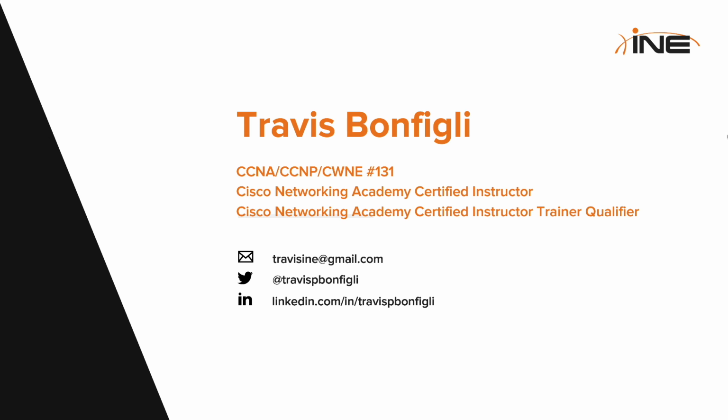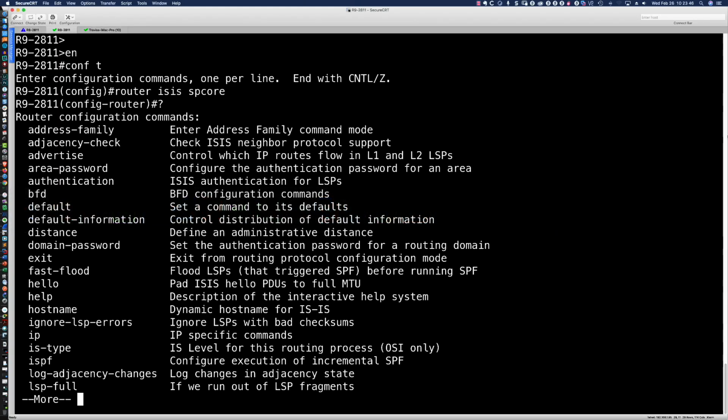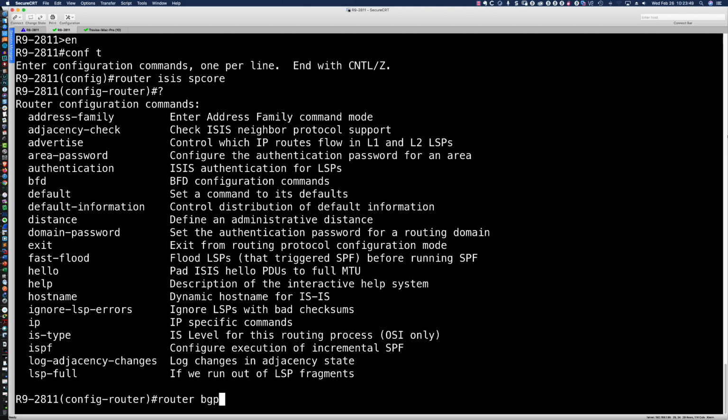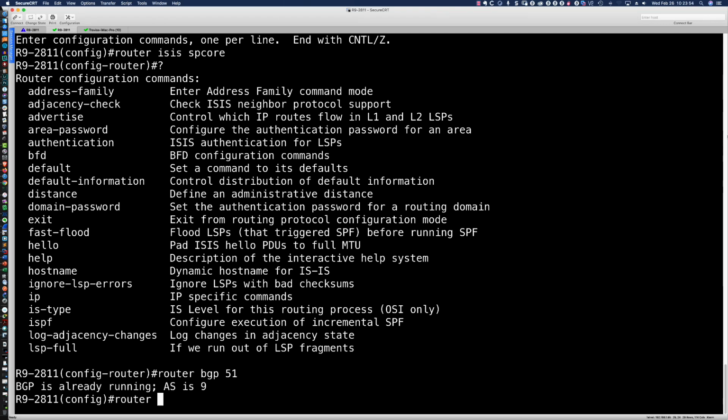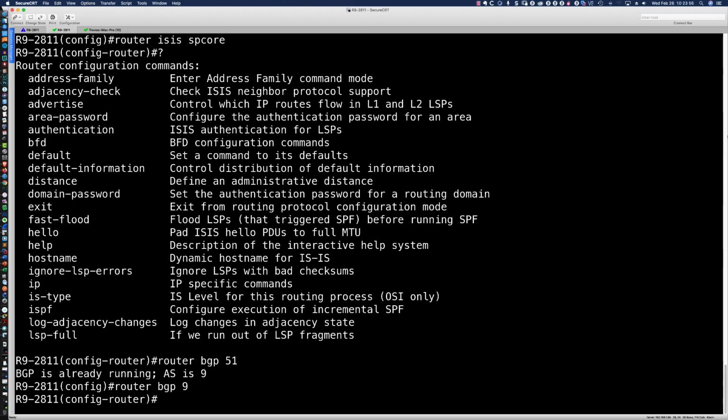IS-IS basics, the addressing scheme used by IS-IS. We're going to be looking at areas, levels, how to fully configure IS-IS, and then finally, how to optimize IS-IS. We're then going to close out by paving the way for MPLS Layer 3 VPNs by taking a look at multi-protocol BGP and how we will overlay that configuration on top of our service provider IGP configuration.